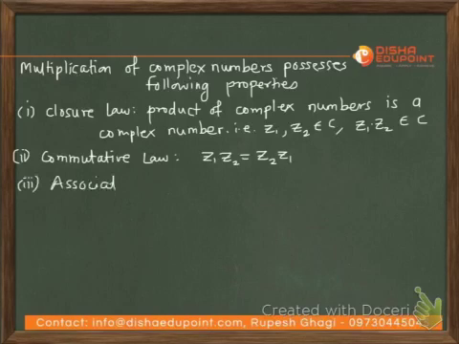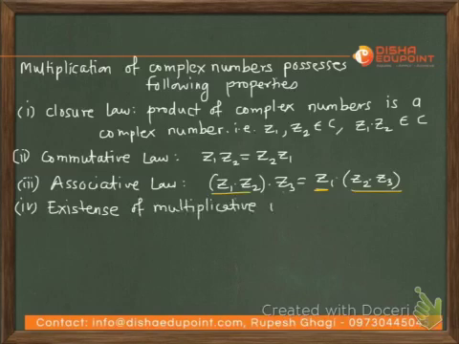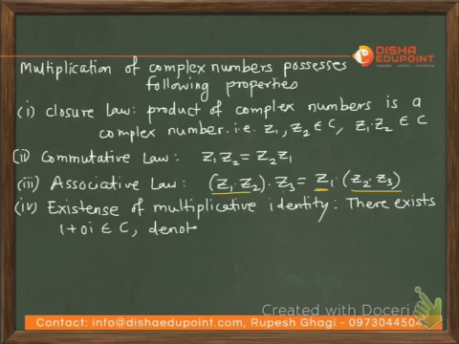Then we have associative law again. If we are multiplying the three numbers z1 into z2 into z3, either you can take z1 into z2 first and then multiply z3 to it, or you can multiply z2 into z3 and then multiply z1 into it. Now the fourth rule, which is the existence of multiplicative identity. Now what is multiplicative identity? There exists a complex number 1 plus 0i, a complex number for which the real part is 1 and imaginary part is 0.